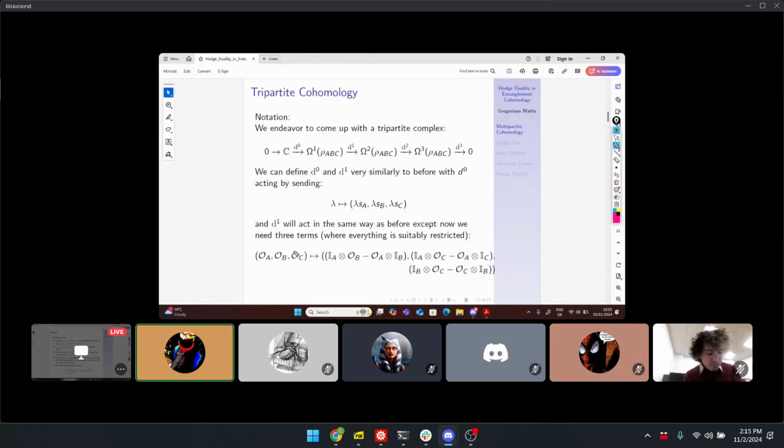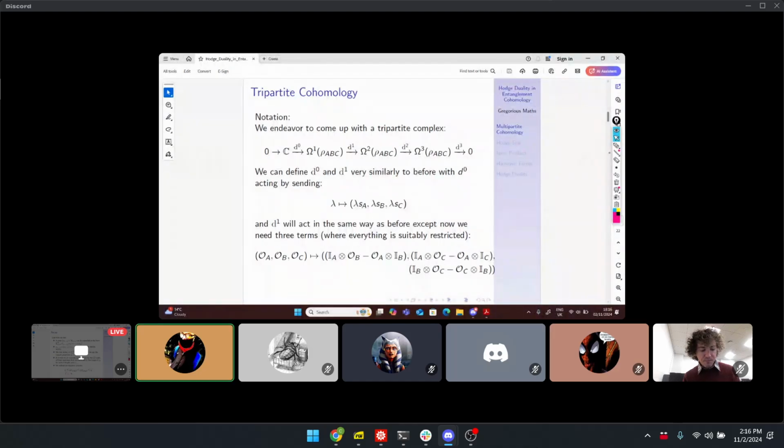And we send these three linear operators to, well, this is exactly what D1 did before on the bipartite state, but this time because we're working with three different subsystems, we need to do this for AB, but also for AC and for BC. So we act exactly as D1 would, but just two more times. So, okay, that seems very natural.